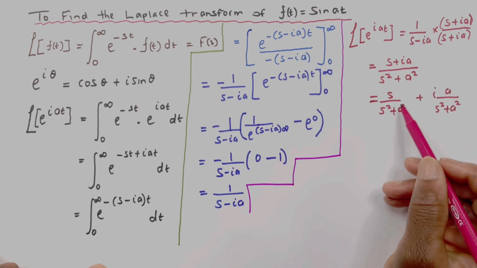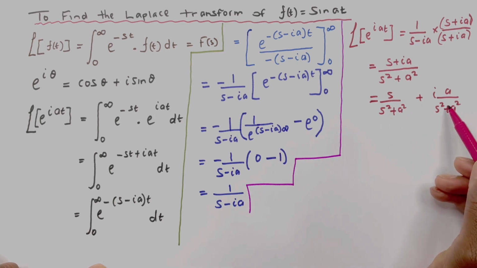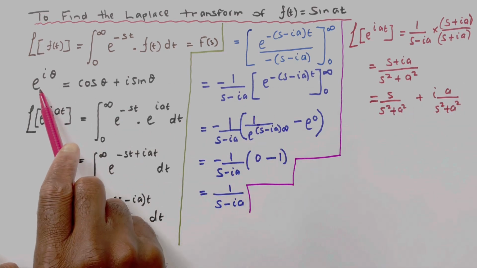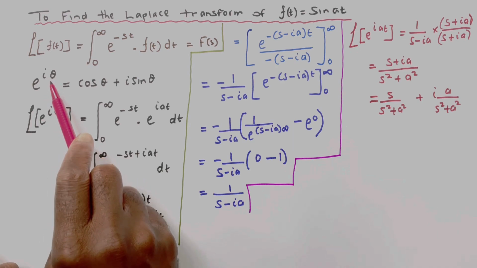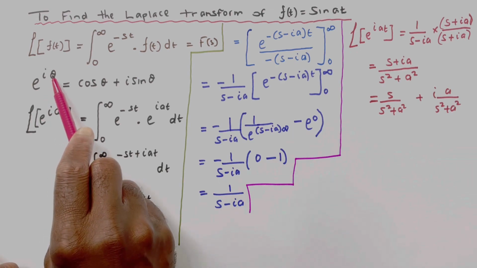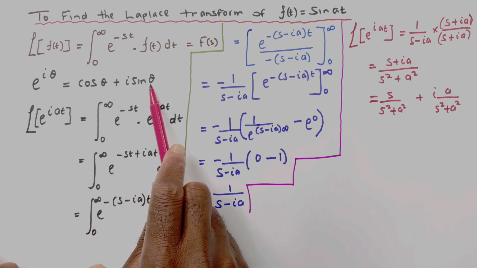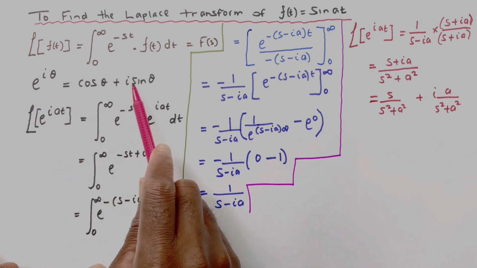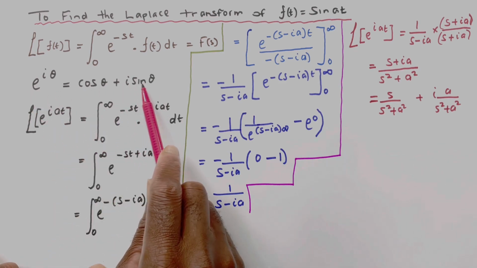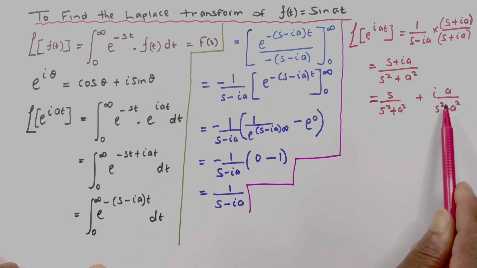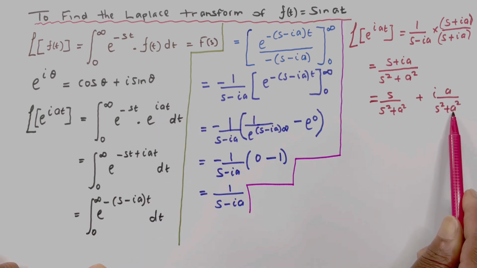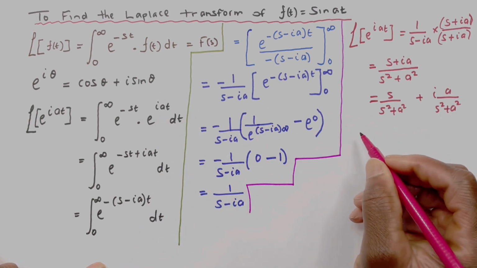You've got the real part and the imaginary part. If we compare that with this, because that's for the i theta, which is i a t, I replace theta with a t. So the Laplace of the imaginary part, sine theta, will be a over s squared plus a squared. Let's write it out.